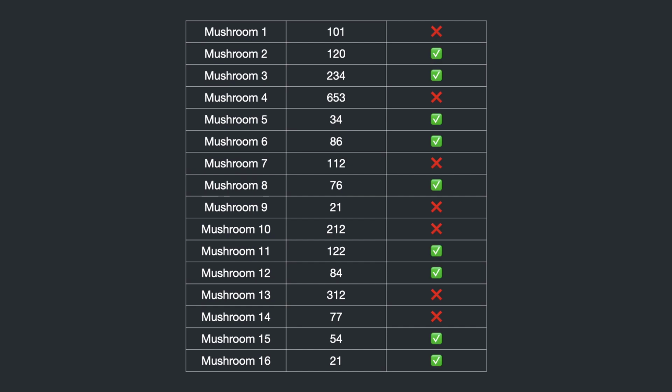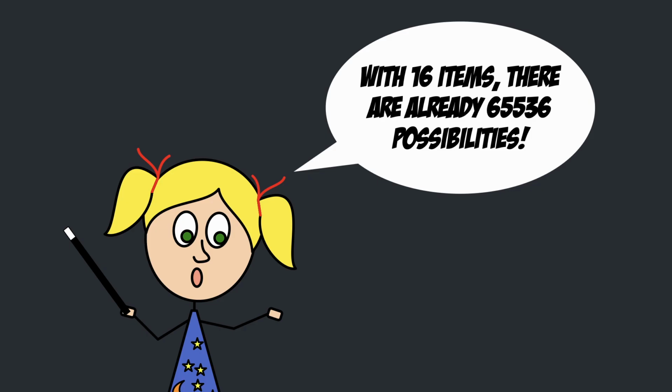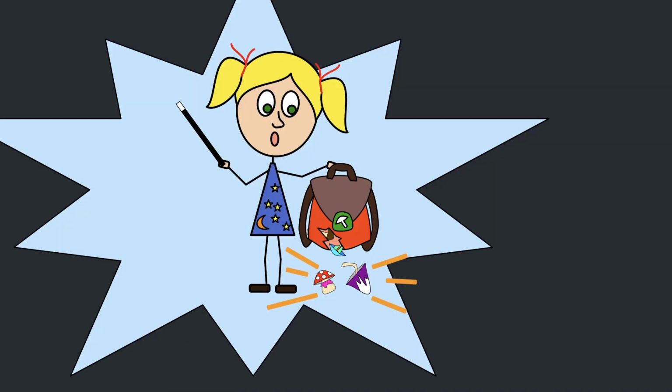Perhaps this one? Or this one? Or this one? There are many combinations to choose from. In fact, with 16 items there are already 65,536 possibilities. And Kira cannot make a mistake. Any combination resulting in a weight over 1300 grams will rip the bag.